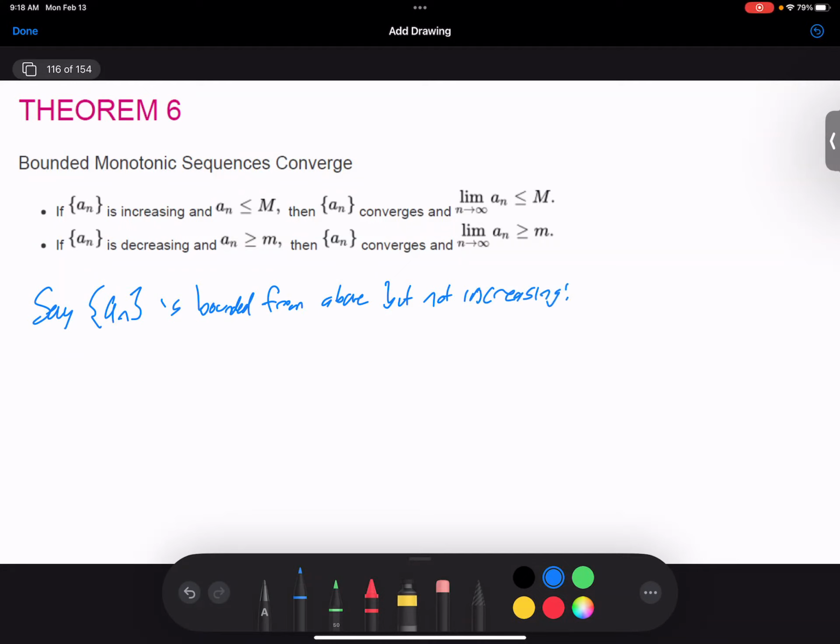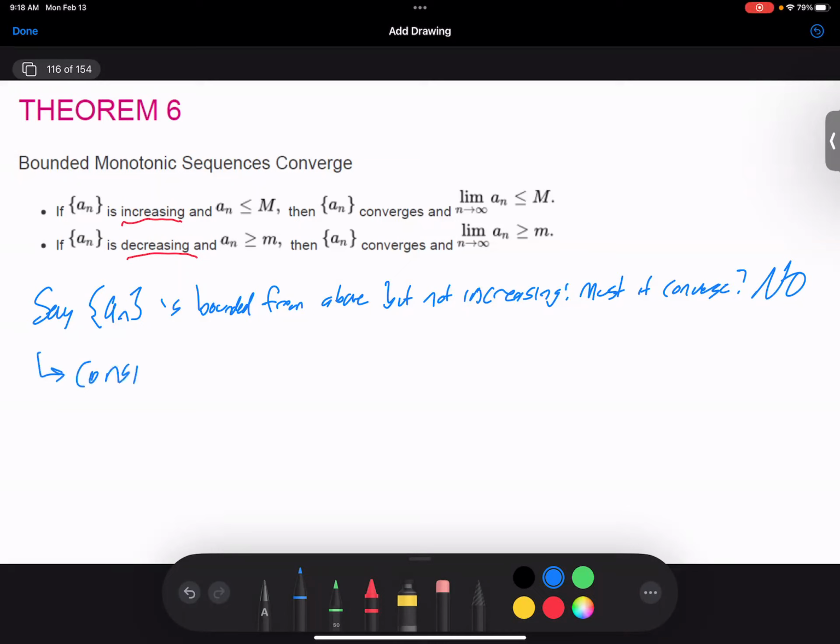Do you think it has to converge? What do you guess? You have to guess right now, quickly. Somebody yell out an answer. No. I'm saying over there in my assumption that it's increasing. So either that assumption is important or it makes the proof easier.